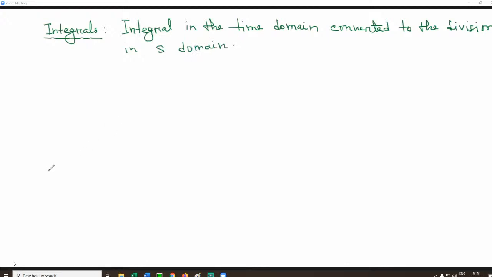So integral in the time domain is converted to the division in the S domain.